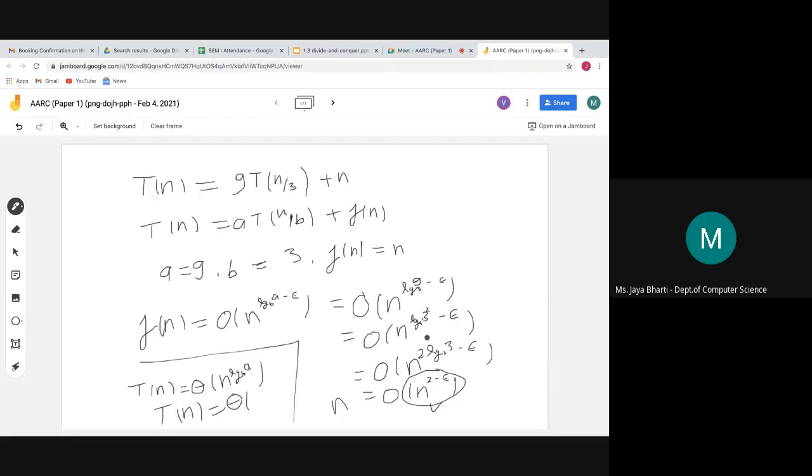We have solved it here now. So it will be n square. Okay. So this will be the solution for this recurrence relation. Understood?